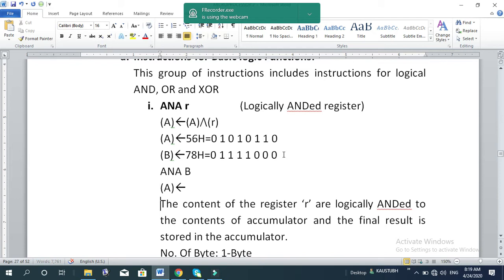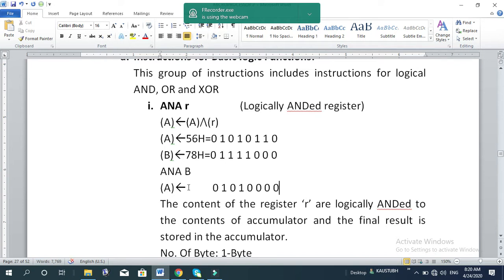Let us see, it is bit by bit ANDing. 0 ANDed with 0 is 0, then 1 ANDed with 1 is 1, 1 ANDed with 0 is 0, 1 ANDed with 1 is 1, 1 ANDed with 0 is 0, then 1 with 0 is 0, 1 with 0 is 0, 0 with 0 is 0.